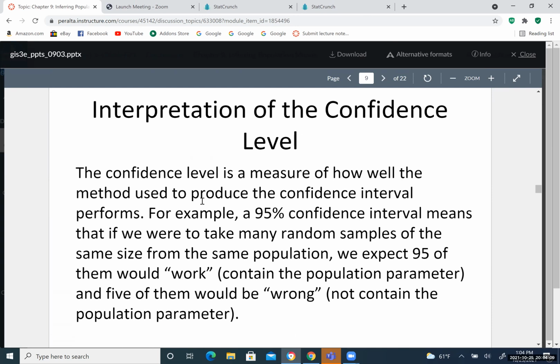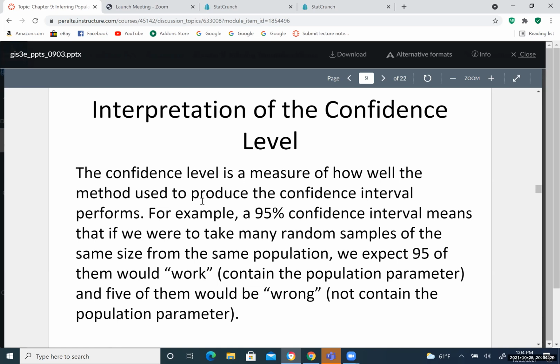Interpretation of the confidence level. So this is what I want you to interpret most of the time. The confidence level is a measure of how well the method used to produce the confidence interval performs.